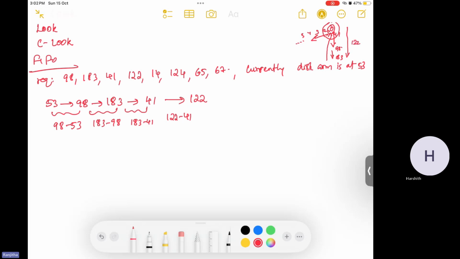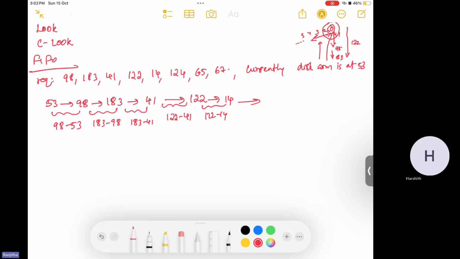So from 122, we'll again go inside, to read 124. Then from 122, it goes to 14. So the number of tracks it has to move is 122 minus 14.